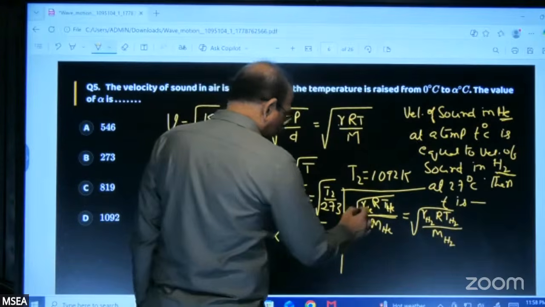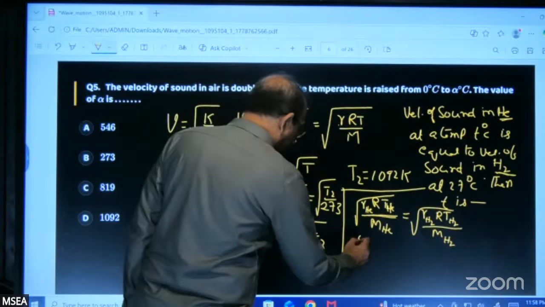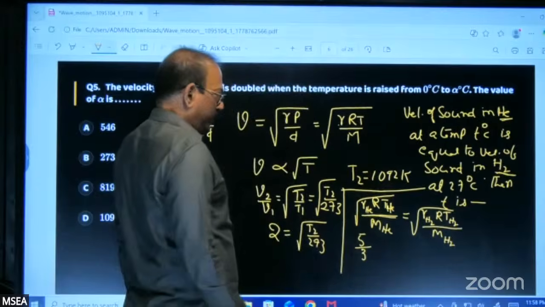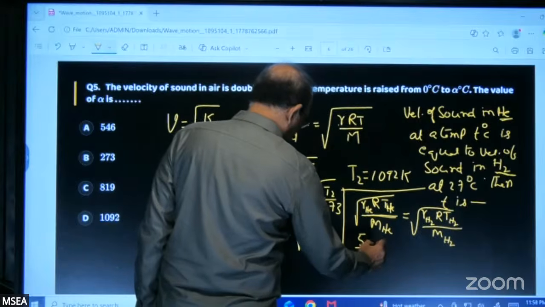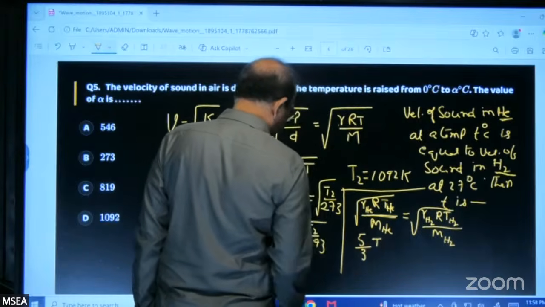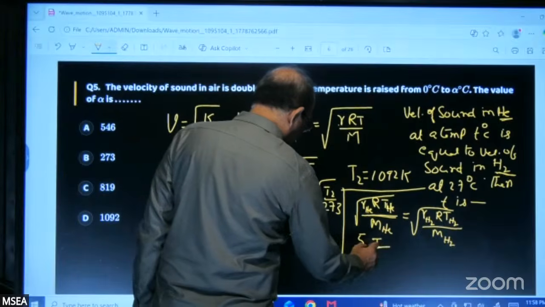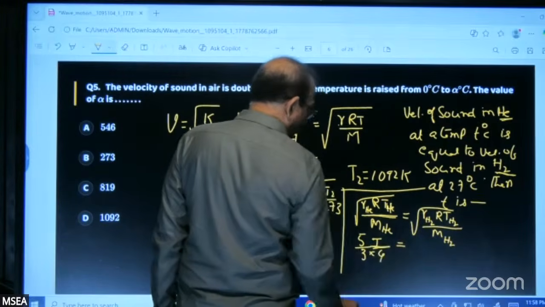Then substitute. Gamma of helium, a monoatomic gas, ratio of specific heats 5/3. Temperature of helium, which you want to find, T, by molecular weight of helium, 4.